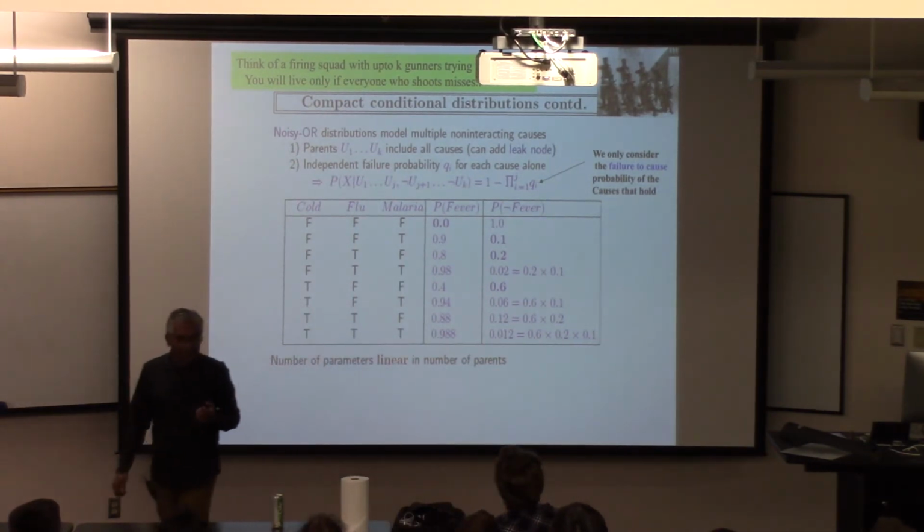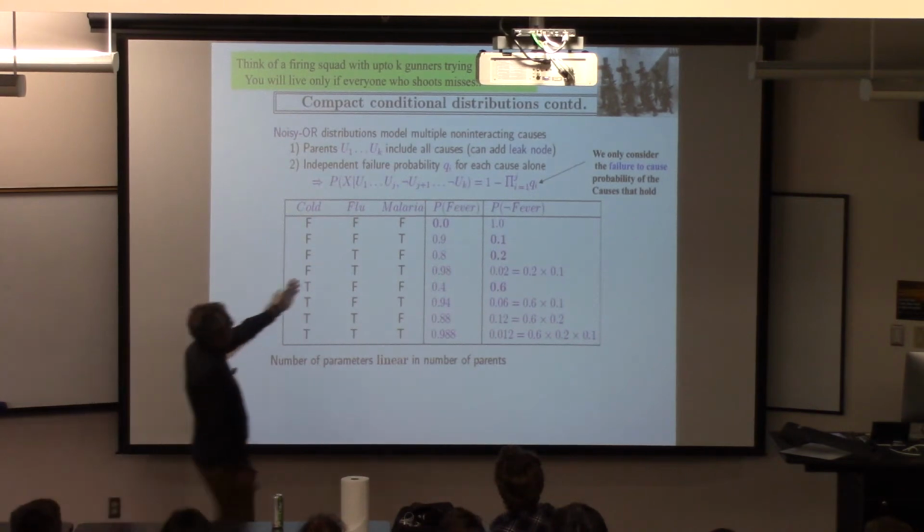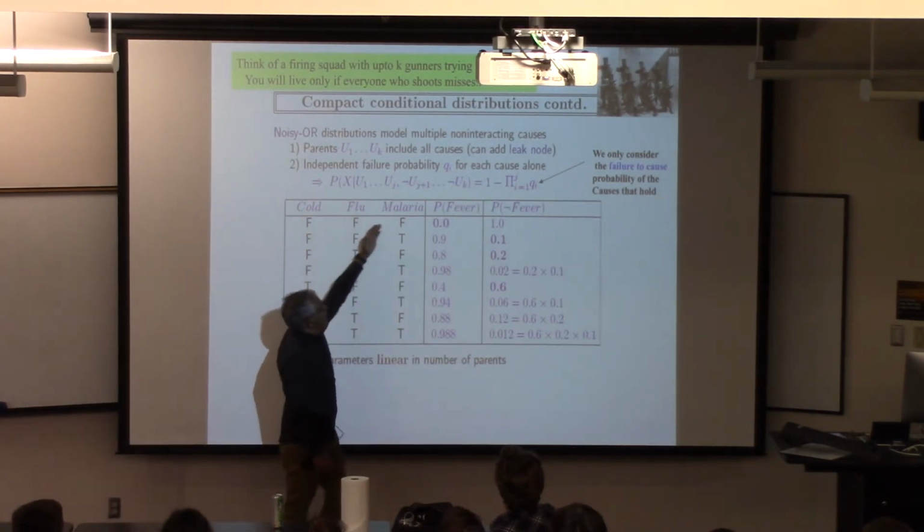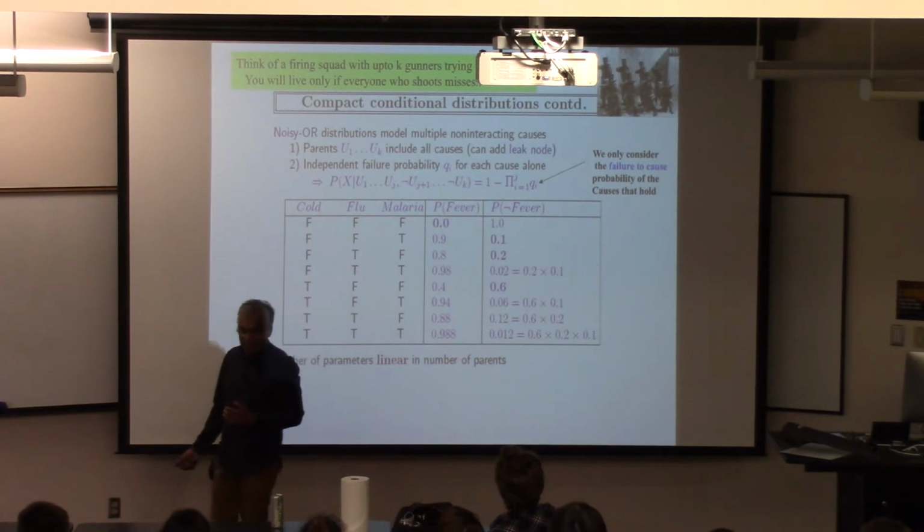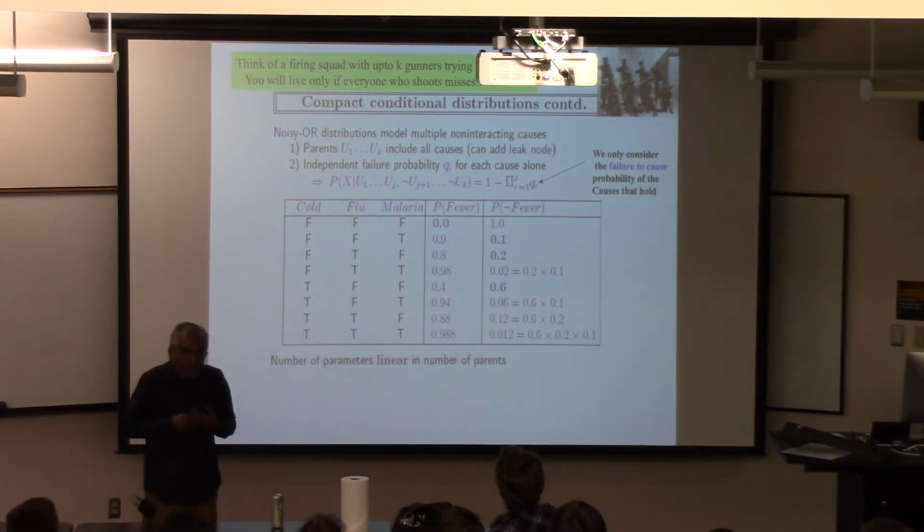So, for example, essentially there can be multiple causes for fever. Cold, flu, and malaria can all cause fever, but they also cause it noisily. That means sometimes cold gives you fever, sometimes it doesn't. Sometimes malaria gives you fever, sometimes it doesn't. Sometimes flu gives you fever, sometimes it doesn't. But their failure probabilities are independent.